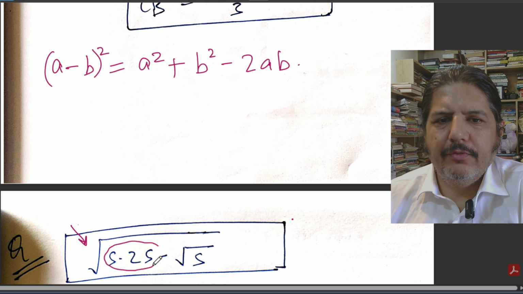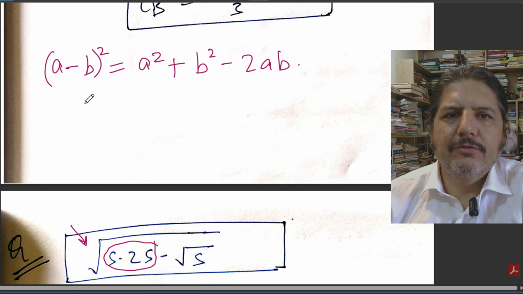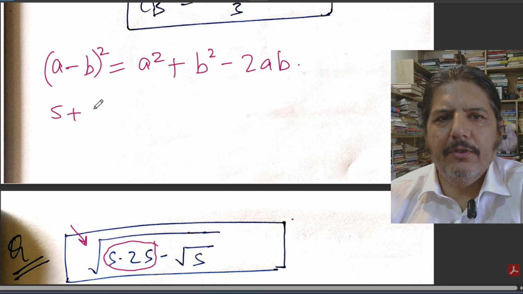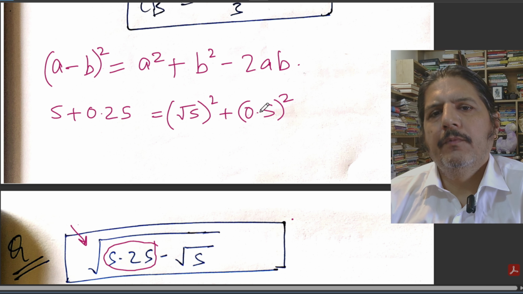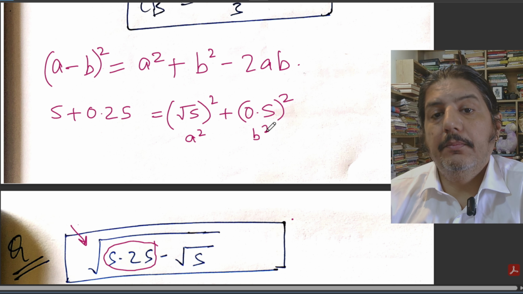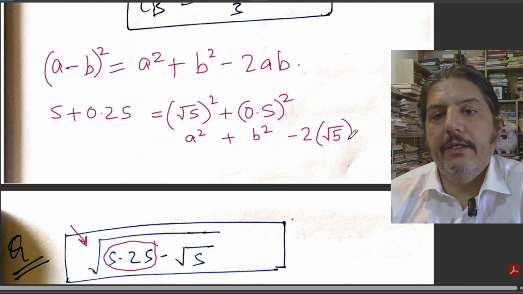So this 5.25, I will reduce this to 5 plus 0.25. This I will write as root 5 square plus 0.5 square. So this is my a square, this is my b square, minus 2 root 5 into 0.5.